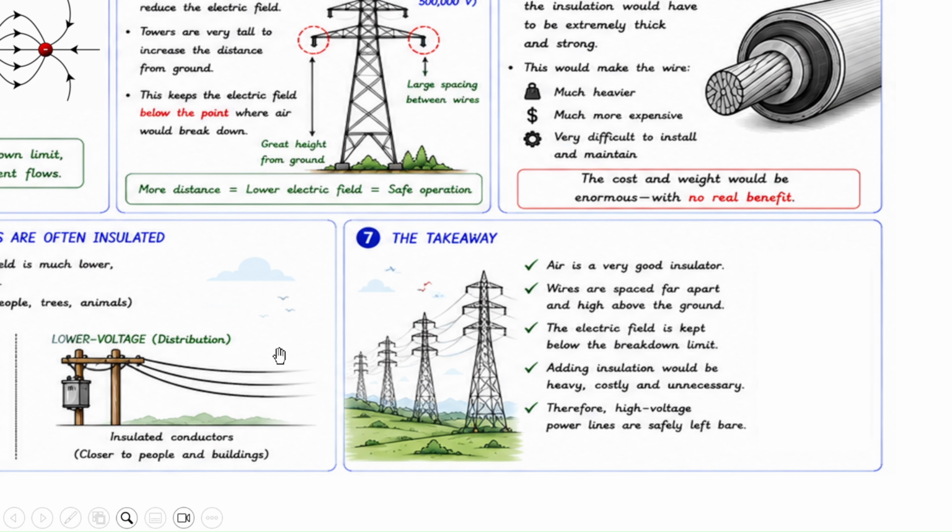At the same time, for low voltage lines, we have to insulate them for safety purposes. But for high voltage lines, due to cost and weight factors, it's unnecessary to insulate them. That's why we leave them exposed.